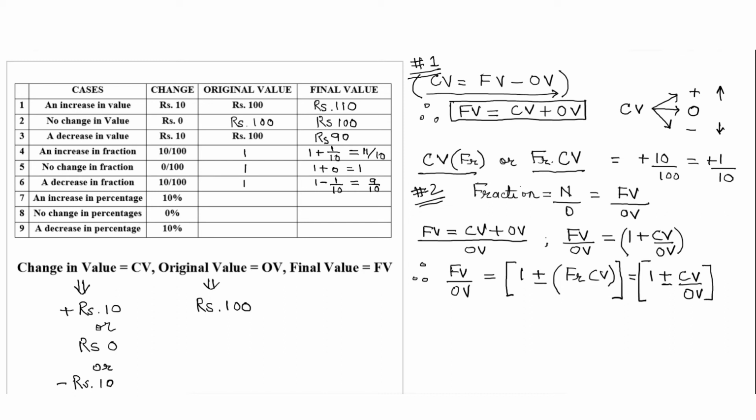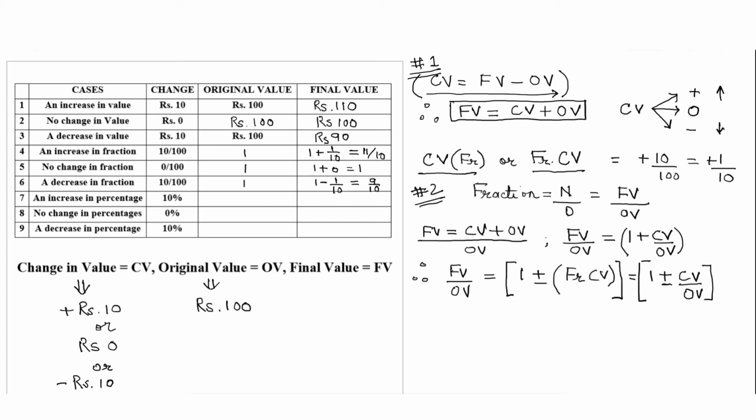And then you can take your learnings to the next level. If I'm getting a final fractional value, because when I'm talking about a fraction, the word value becomes fractional value. So the original fractional value is 1. The final fractional value, if it comes out to be an improper fraction, see the converse of what we have done.